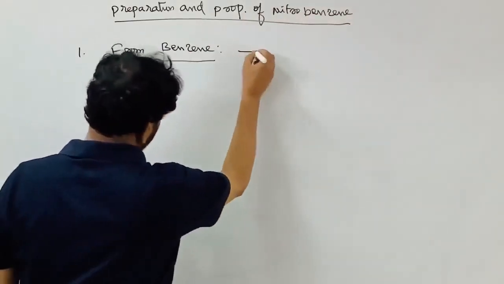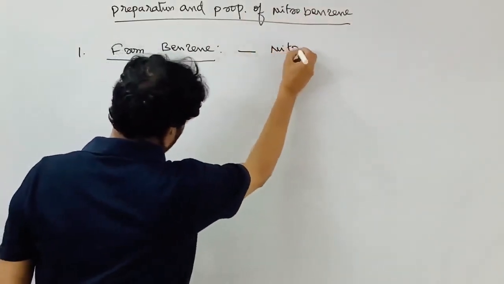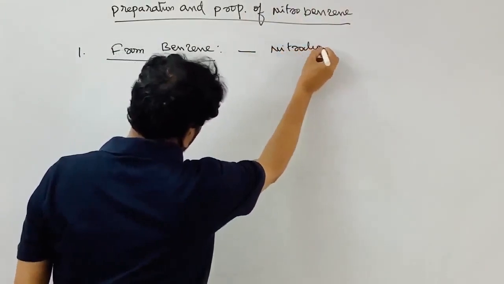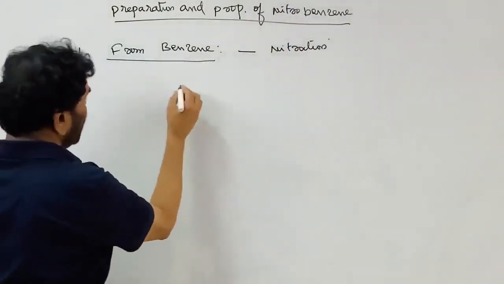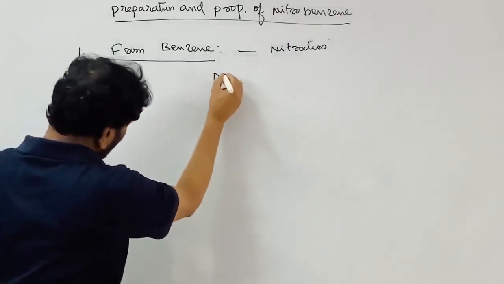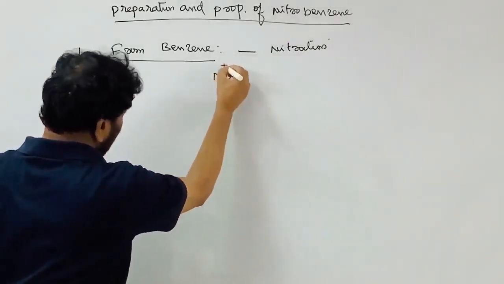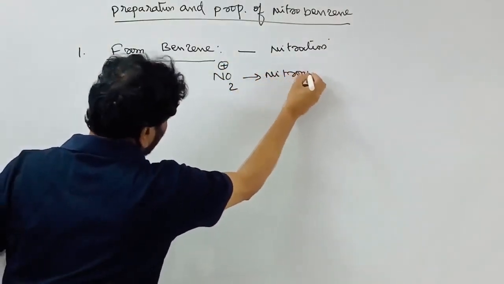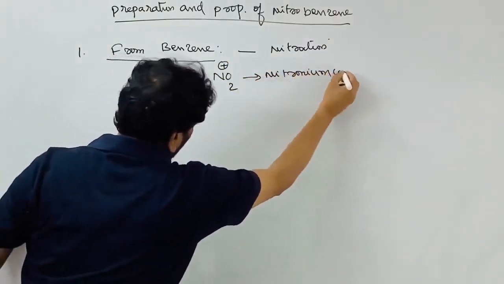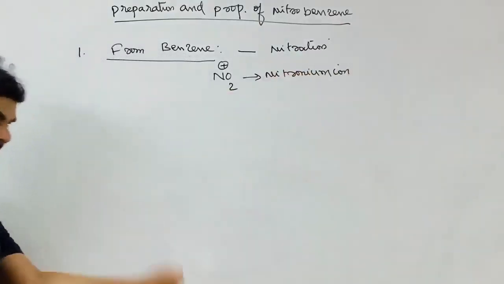So that is nitration of benzene, introducing NO2. This is an electrophilic substitution reaction, and NO2+ is the nitronium ion, the attacking electrophile.